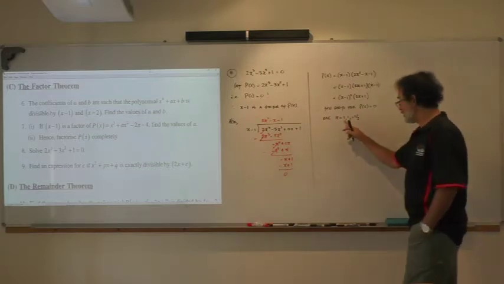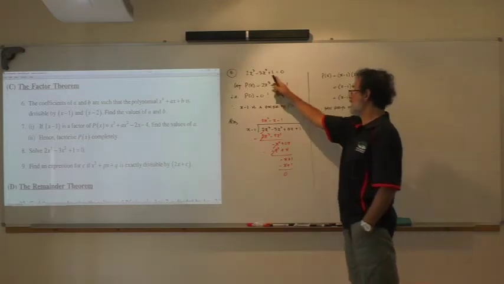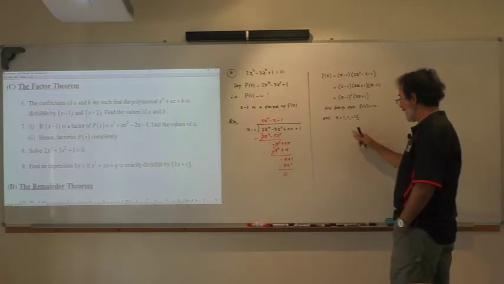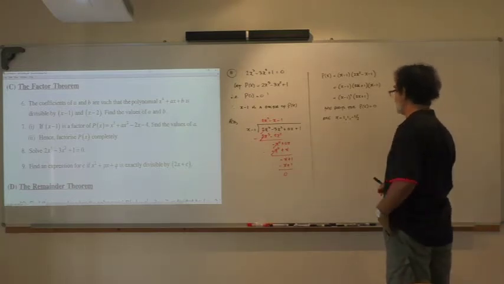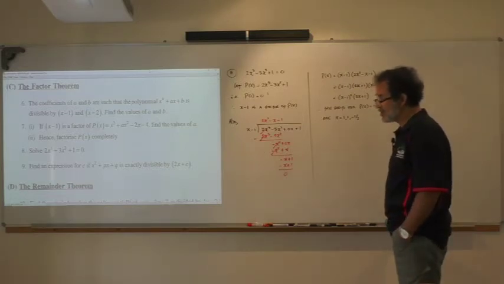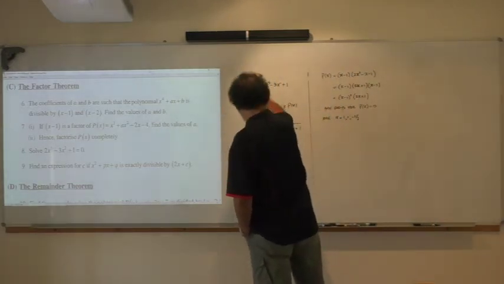Okay, so we have 1, 2, 3 real solutions for this equation, and what happened is that 2 of them are the same. Okay, but still we have 3. Okay, so that is the answer for question 8. I'm going to do question 9, and then I'll have a break.